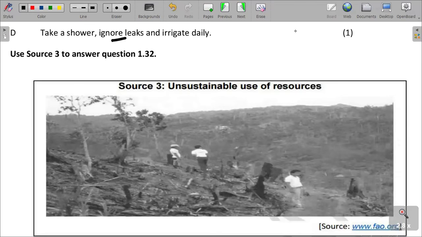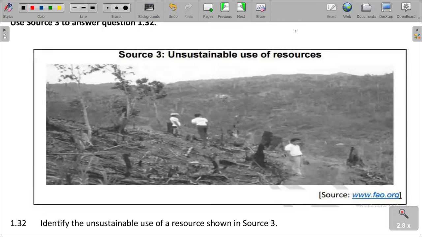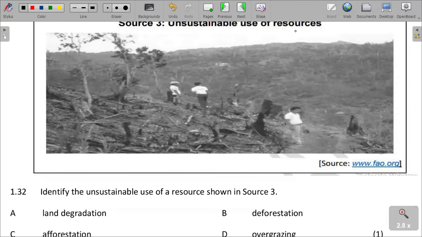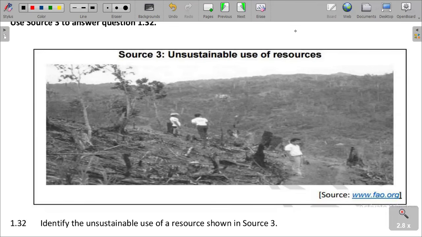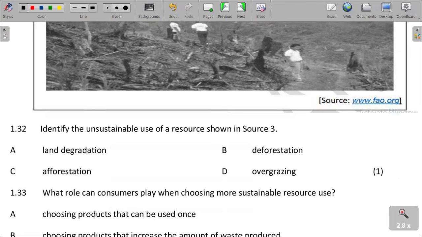We are given Source 3, sustainable use of resources. We are seeing in the photograph people in the forest, and the question is saying, identify the unsustainable use of resources shown in the diagram.